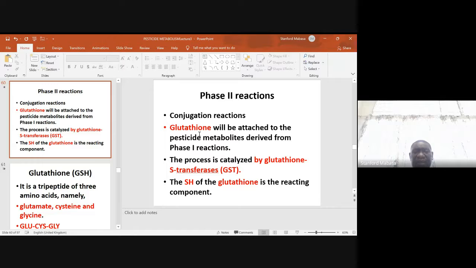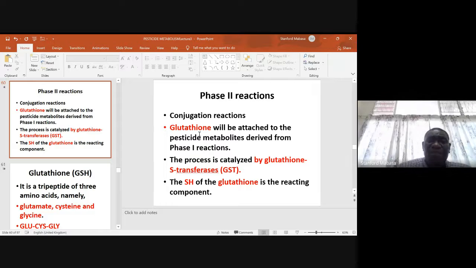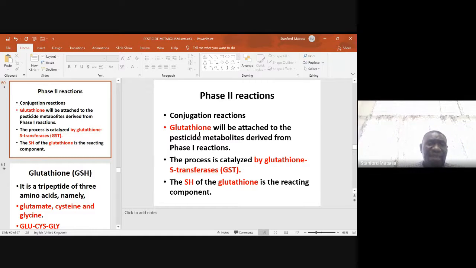Now, the enzymes which facilitate conjugation reactions that involve glutathione are glutathione S-transferases, or GST. We have the SH component, which is part of glutathione, and that is the reacting component.